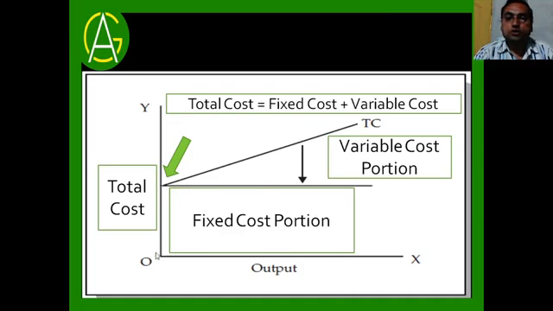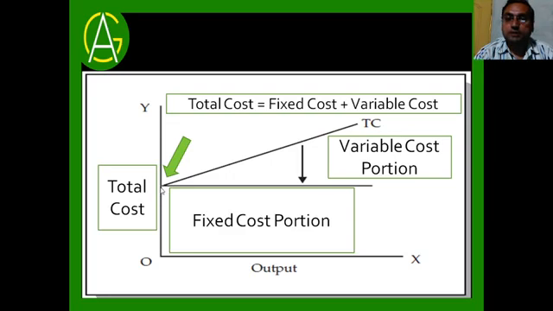Because at 0 unit of output also the firm has to incur a certain kind of fixed cost. So the total cost will be the fixed cost plus variable cost. If at 0 unit of output variable cost is 0, but there must be a certain kind of fixed cost, so the total cost will be equal to fixed cost at 0 unit of output.